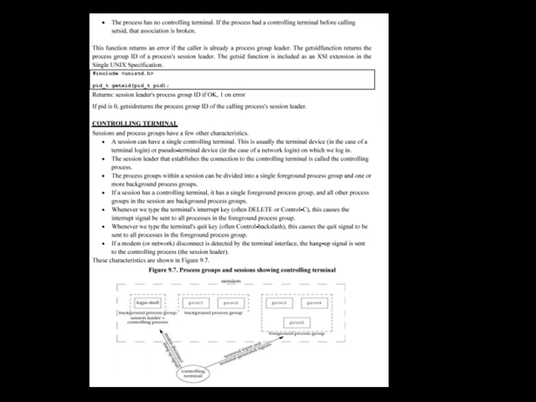The getsid function is included as an XSI extension in the Single UNIX Specification. See the syntax here. Returns session leader's process group ID if OK, -1 on error. If pid is 0, getsid returns the process group ID of the calling process's session leader.